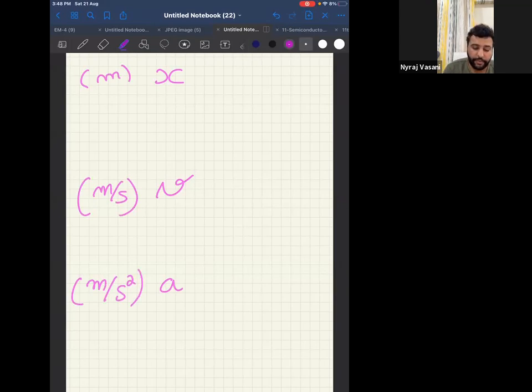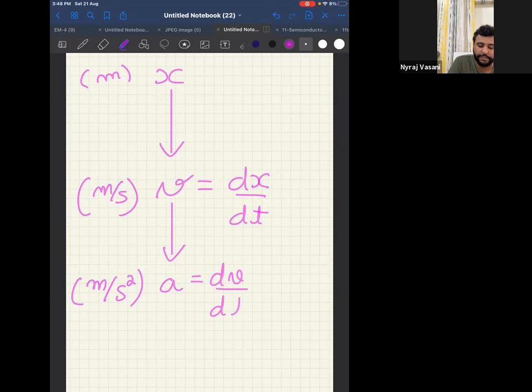If I want to get velocity from displacement, it is dx by dt. That means differentiation of displacement is velocity, and differentiation of velocity is acceleration. Or I can also write it as double differentiation of displacement. Everyone, please make a note of this because this is very important.